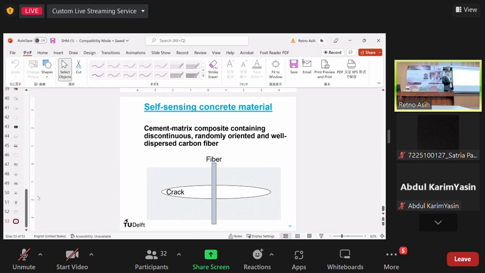For example, they use it for road monitoring, and they can use conductive materials, and also other types of materials such as magnetic materials, where they put the magnetic materials inside the manufacturing process, and by tracking the changes in those magnetic properties, they understand the behavior. There are also many other ways of doing it.